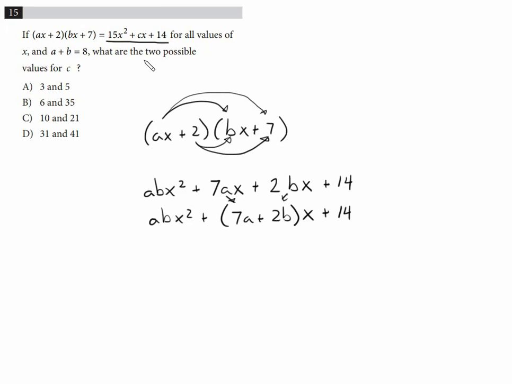And now this is starting to look a lot like this half of the expression that is given to you.